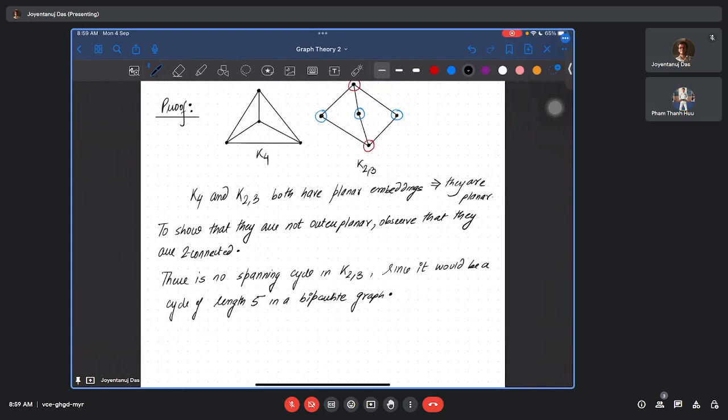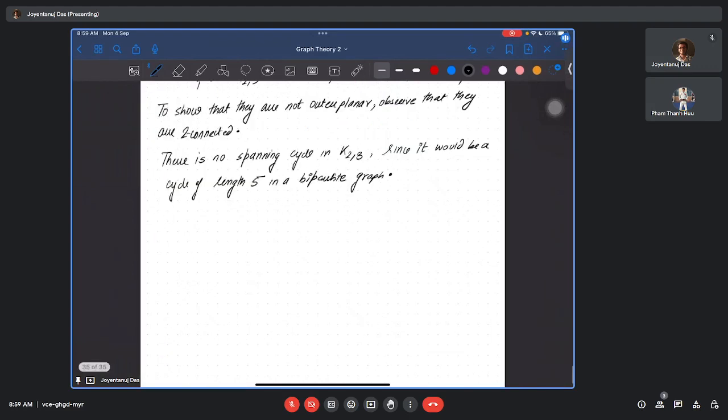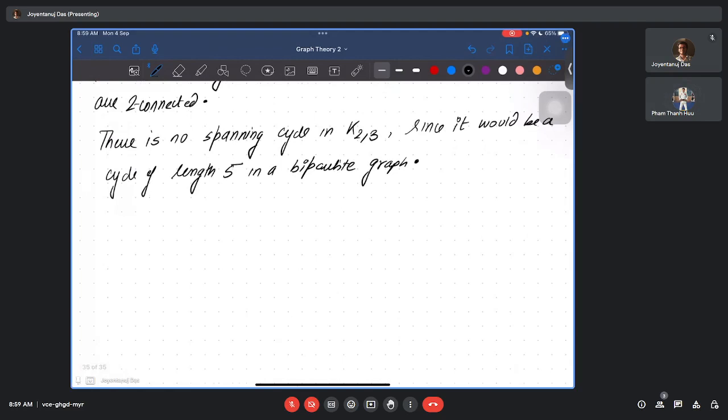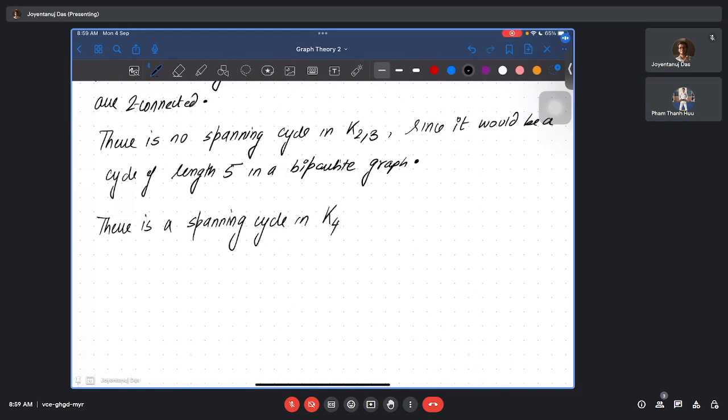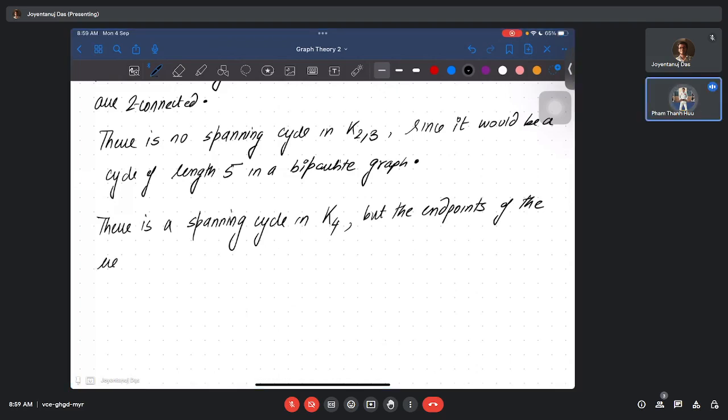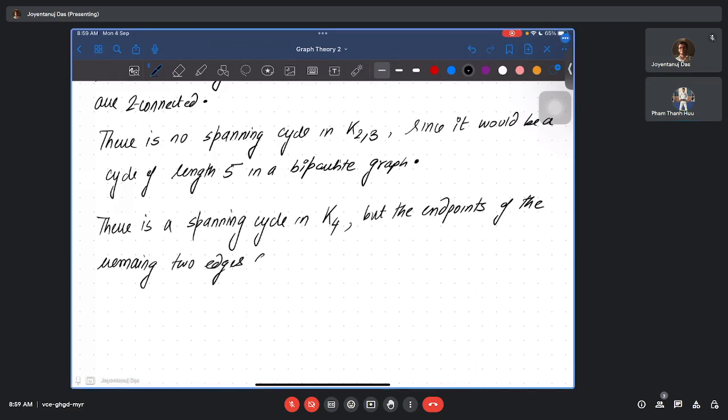Now in the case of K4, there is a spanning cycle, but the endpoints of the remaining two edges alternate along it.